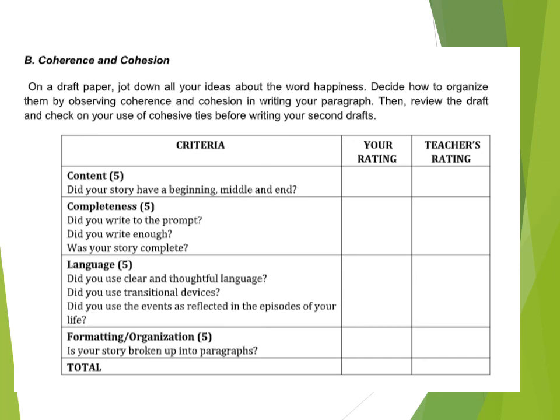Then, review your draft and then now write a paragraph about the word happiness. You can simply say what makes you happy as a person. Do you agree that social success will make a person happy? So, anything that you can associate with happiness is right. But don't forget to observe coherence and cohesion property. That's it for week number 3.